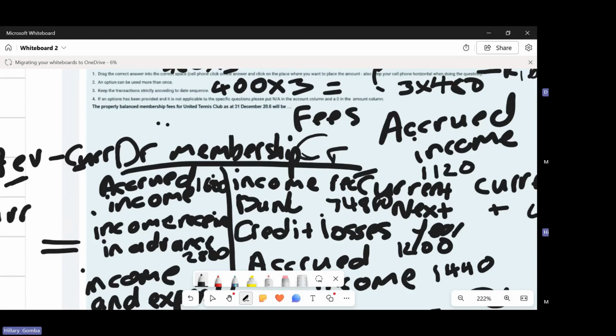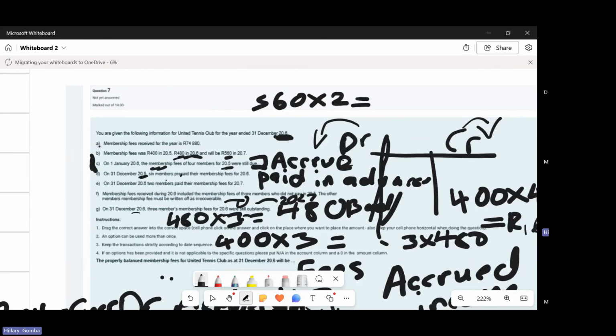Do you understand? So you said bank is 74,880 on letter A, right here. Oh yes, membership fees. Okay.